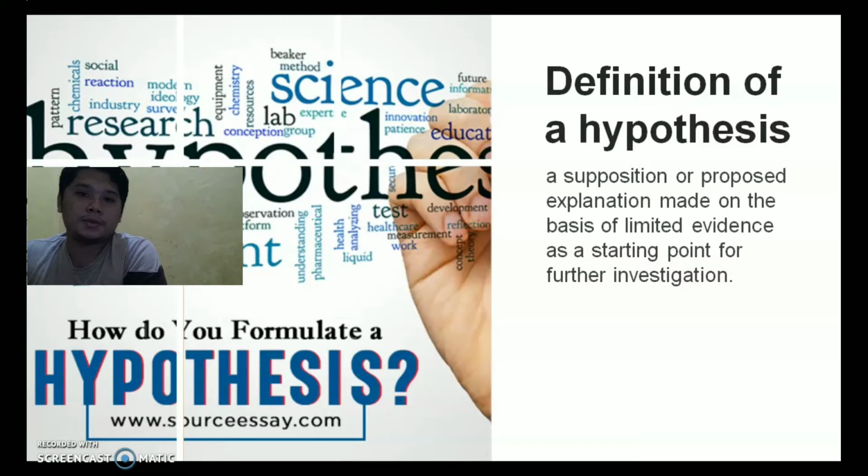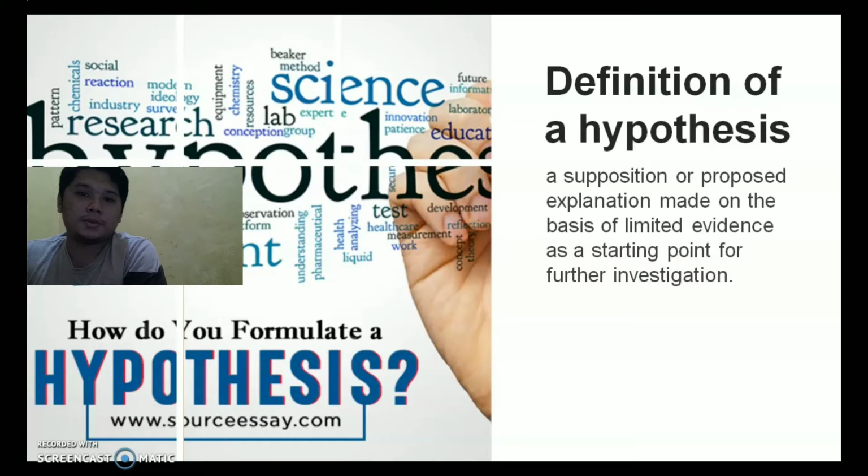So as you can see here in the first slide, it explains the definition of a hypothesis. It is written: a hypothesis is a supposition or proposed explanation made on the basis of limited evidence as a starting point for further investigation.